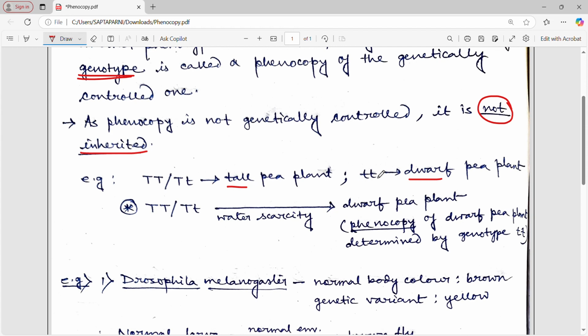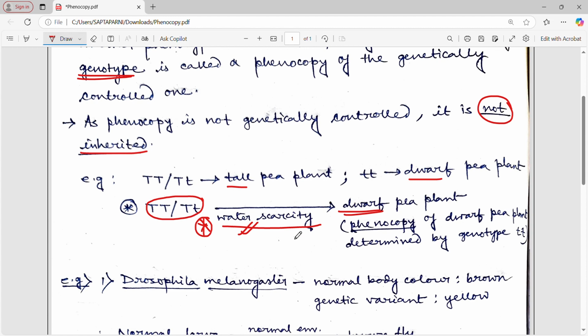But in water scarce condition, which is an environmental condition, the capital T capital T or capital T small t genotype can also give rise to a dwarf pea plant.